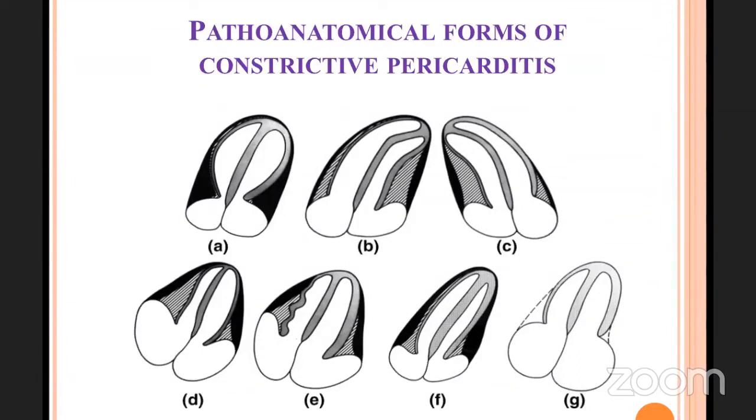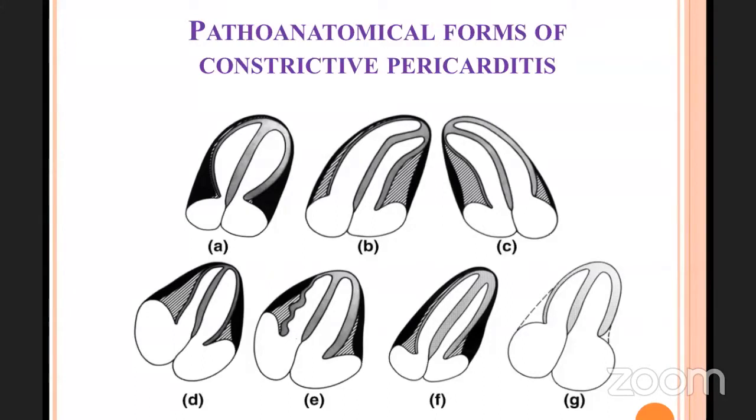You can see a thickened pericardium shaded in dark black. But the cavity of the right ventricle and left ventricle may get distorted. More often than not, it is the right ventricle that gets distorted. This distortion does not occur frequently, so its sensitivity is low.